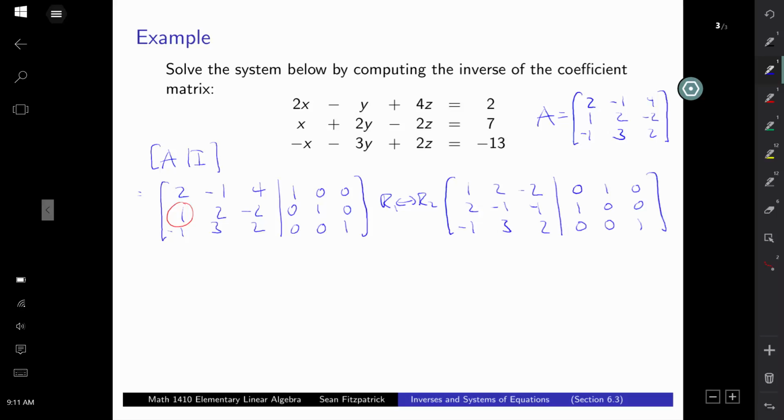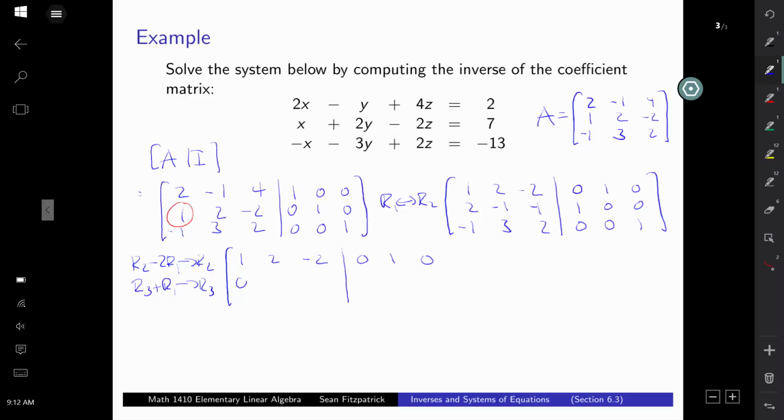Now that I've got my leading 1, I want to use it to make zeros, so we're going to do row 2 minus 2 row 1. That's going to be my new row 2. Row 3 plus row 1 will be my new row 3. 1, 2, minus 2, 0, 1, 0.